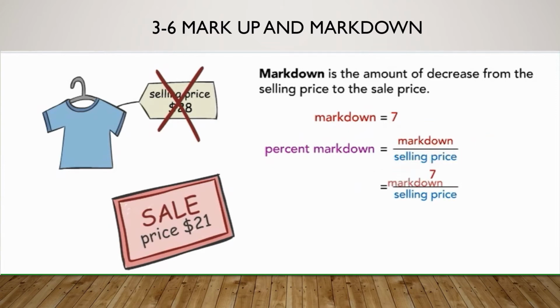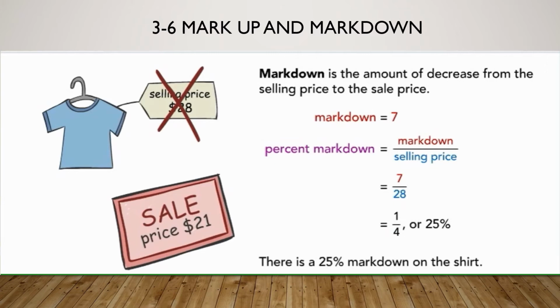You found that the markdown is 7 and the selling price is 28. Simplify the fraction to 1/4 or 25%. So there is a 25% markdown on the shirt.